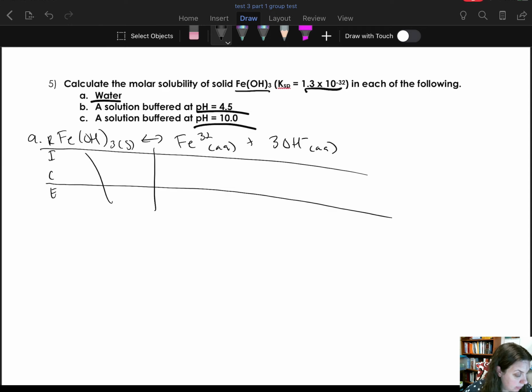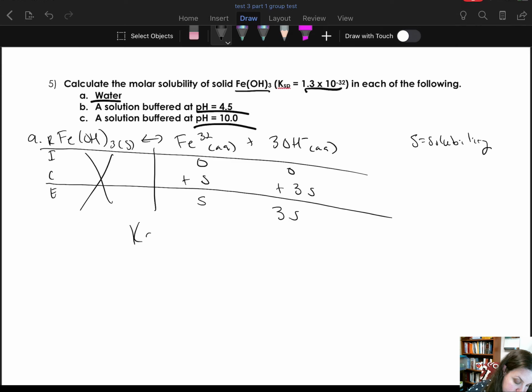We don't care about iron hydroxide, but we start out with 0 of both of these, and then as we dissolve, we produce S and 3S, where S is equal to solubility. So how much is soluble? And we get S and 3S. We can then put this into our KSP expression.